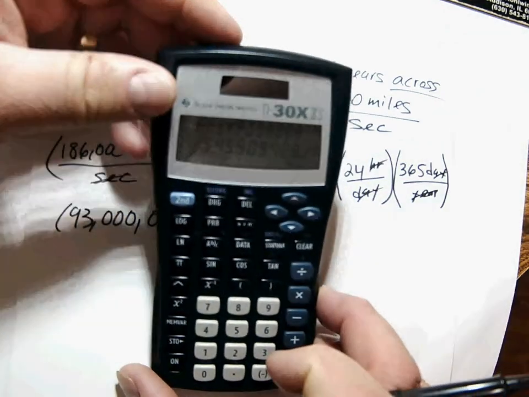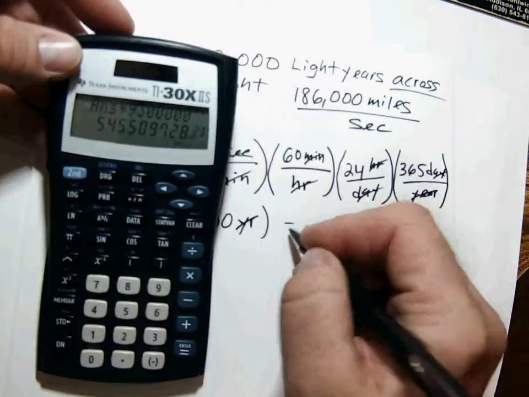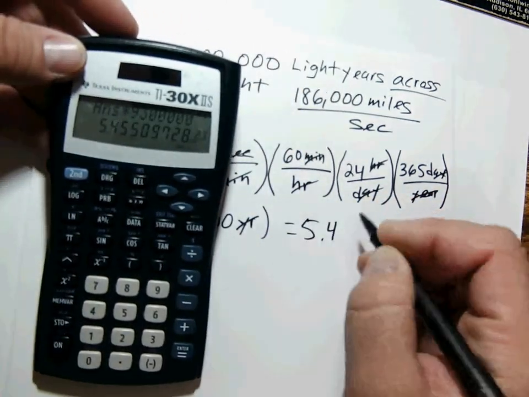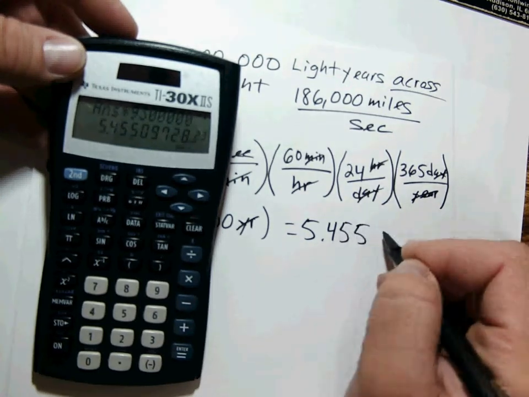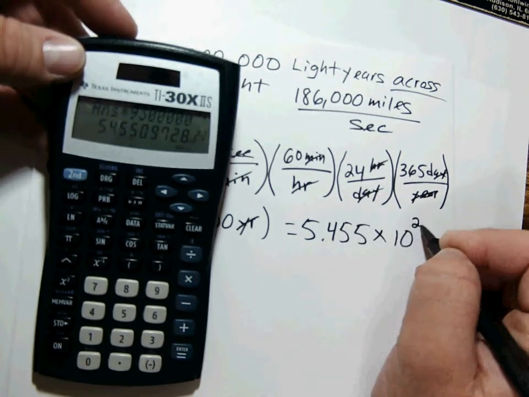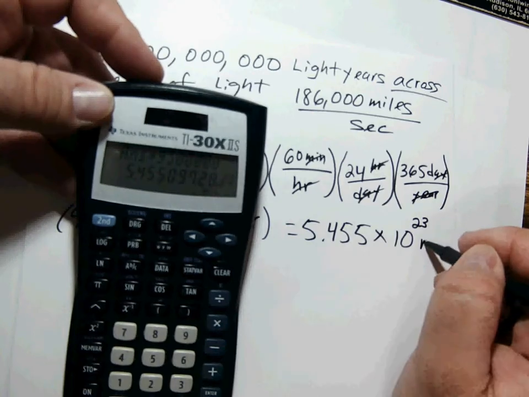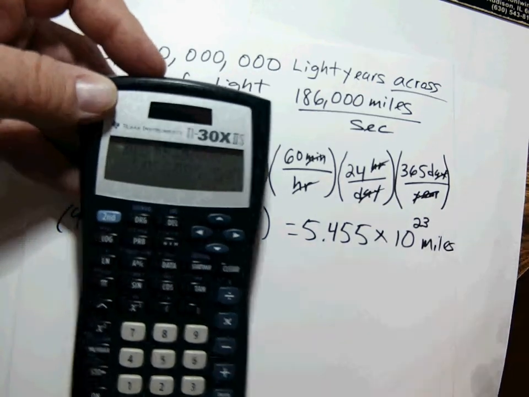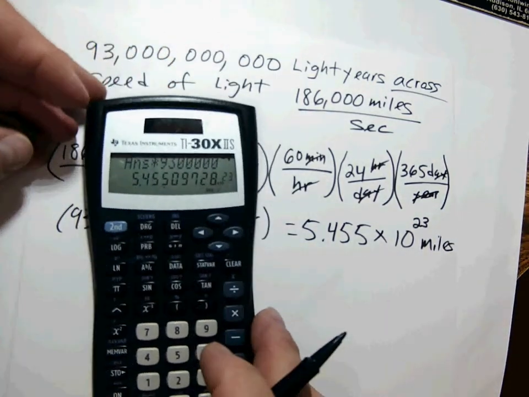There we go. 5.455 times 10 to the 23rd power, and that's miles. That's how far across the observable universe is.